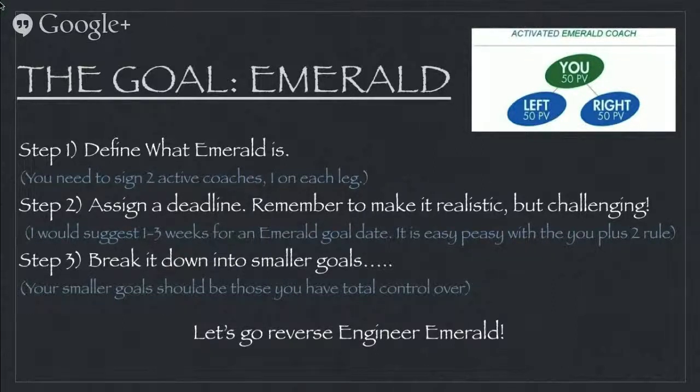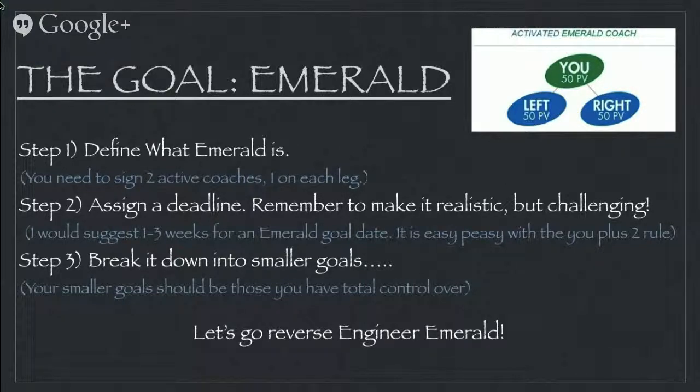Step 2, you need to assign a deadline. Remember to make it realistic but challenging. I suggest, and it doesn't have to be this, but I suggest 1 to 3 weeks for an emerald goal date. Some people do it within hours of signing up. Some people take a couple of months. But I promise you, it is easier than it sounds if you actually do what you need to do to work toward it.